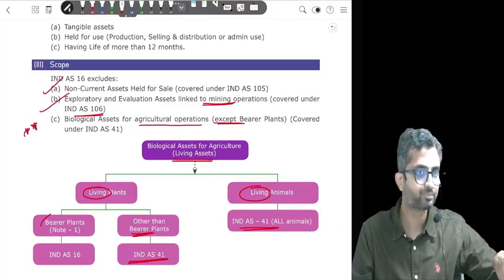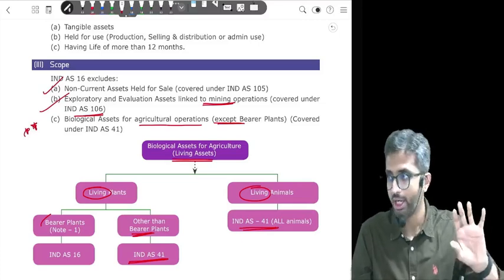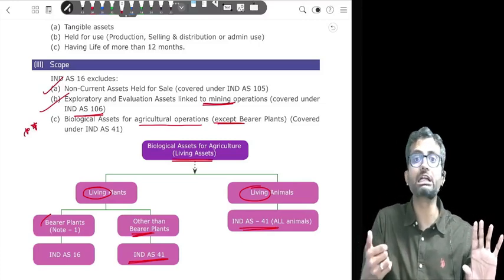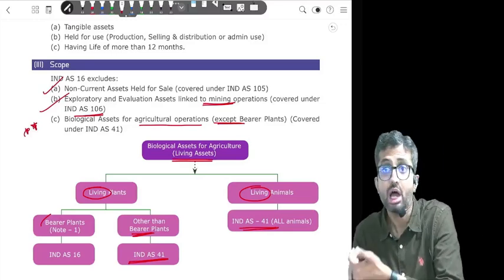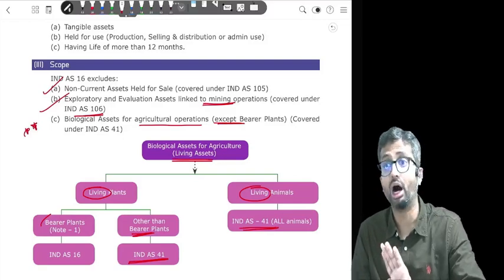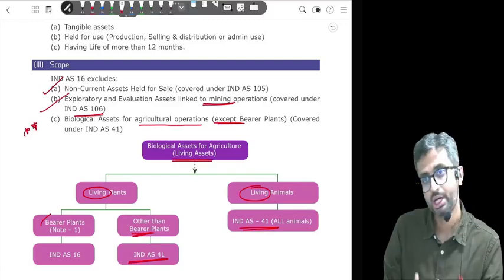Covered under? Bearer plants. Covered under? Ind AS 16. Other than bearer plants used for agricultural purpose, 41. Living animals used for agricultural purpose, 41. Other living animals which are not used for agricultural purpose, 16.